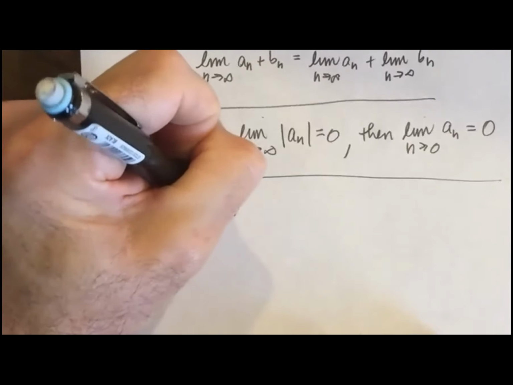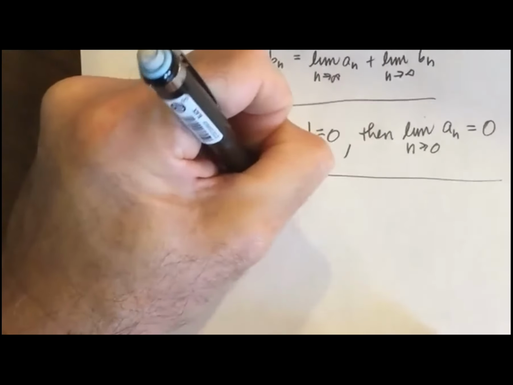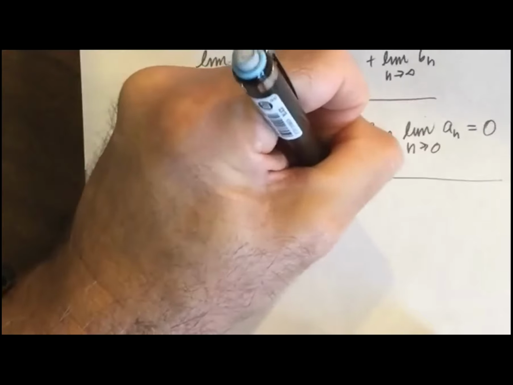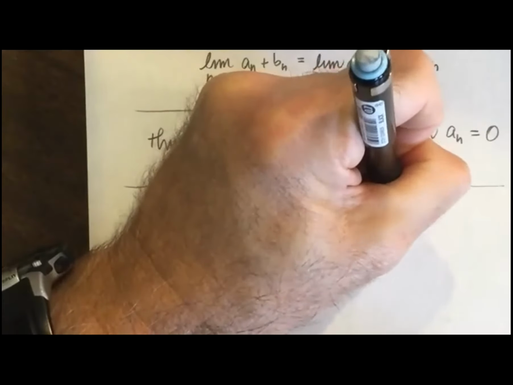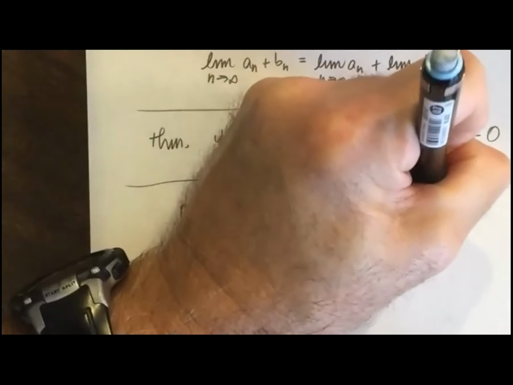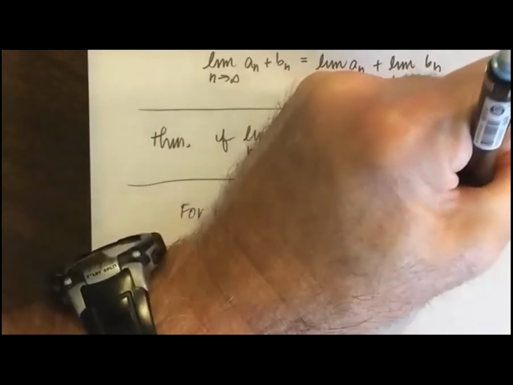For what values, we might say, of R does this sequence R to the n converge?